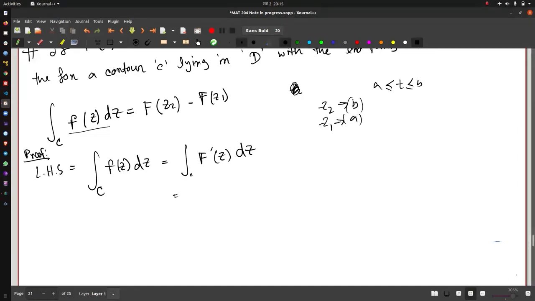Okay, now let's write it like this, a to b, and we are saying that we can parameterize this, and then you would have what? Instead of dz, you would have a dz prime, but that dz prime is a derivative with respect to what? With respect to t, right? So let's write it like this.